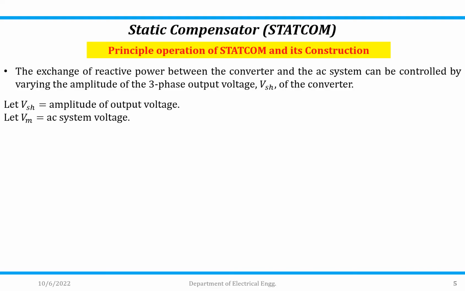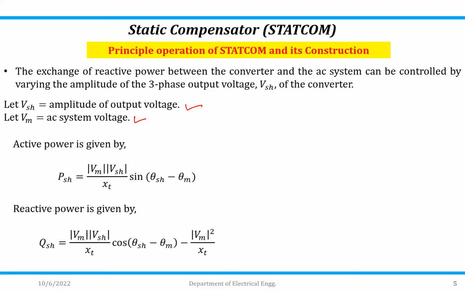So let Vsh be the amplitude of the output voltage, and Vm the main line voltage, also called the AC system voltage. We already know the relation P equals Vs into Vr upon X into sine delta, which we derived earlier in this unit.